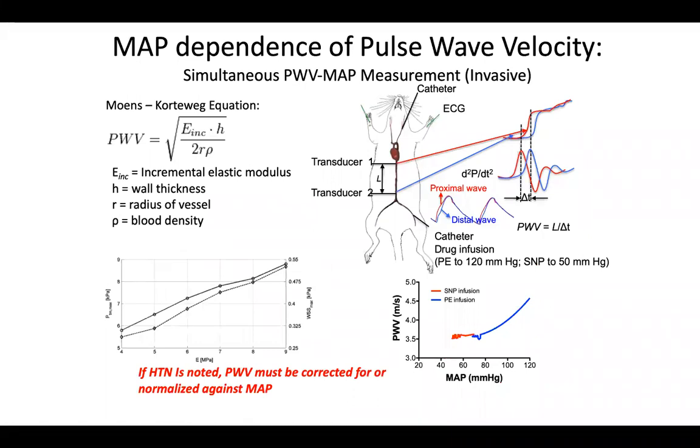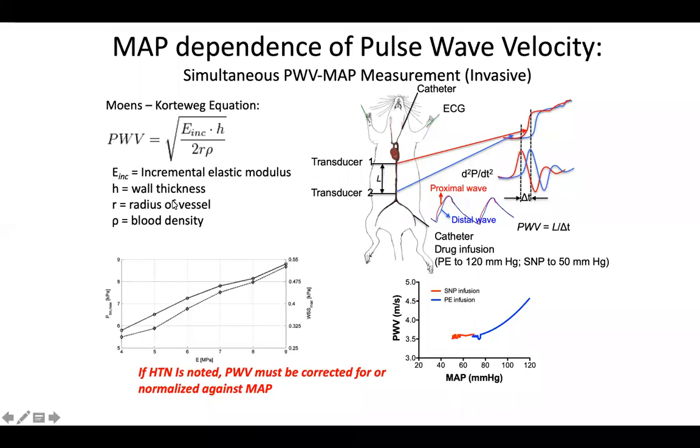Now, I have alluded to this before, due to the viscoelastic nonlinearity of the biological tissue of the elastic modulus. Basically, the distending pressure, the blood pressure, or the mean arterial pressure really defines at which point of the viscoelastic curve we land.